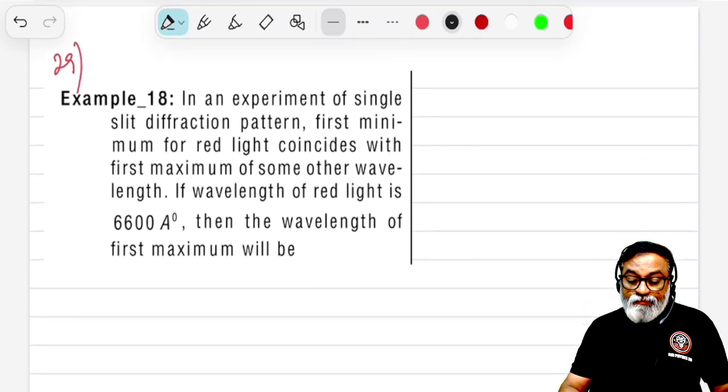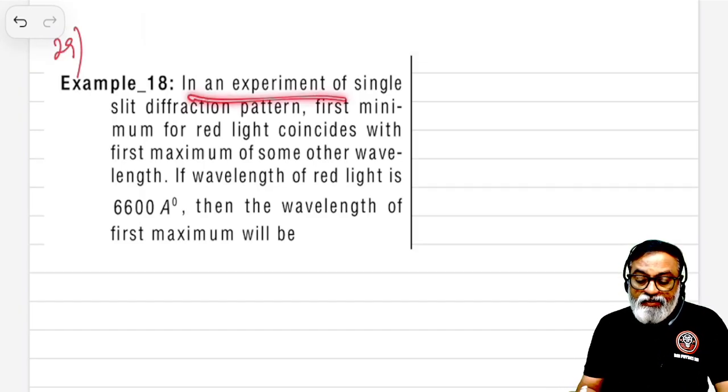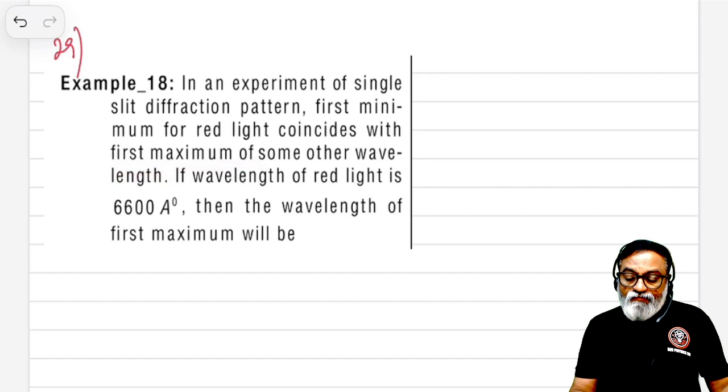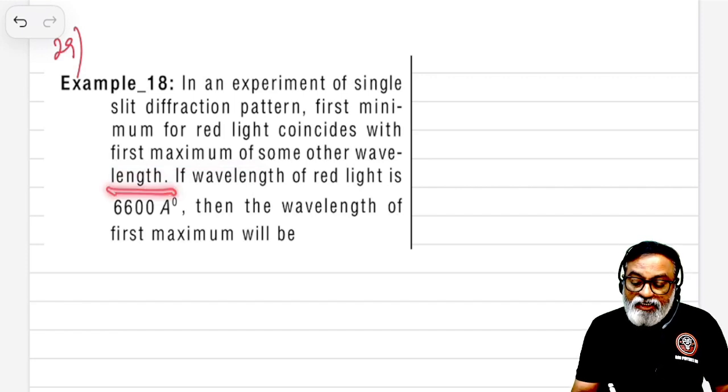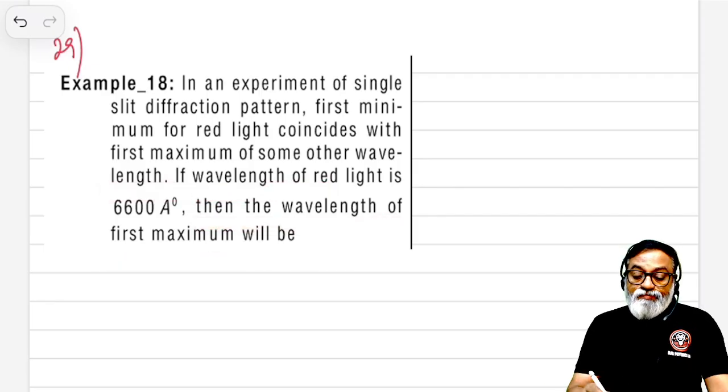Next one. In a single slit diffraction pattern experiment, the first minimum for red light coincides with the first maximum of some other wavelength. If the wavelength of red light is 6600 angstroms, find the wavelength of the first maximum.